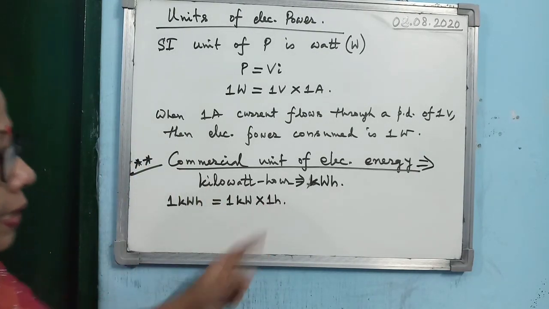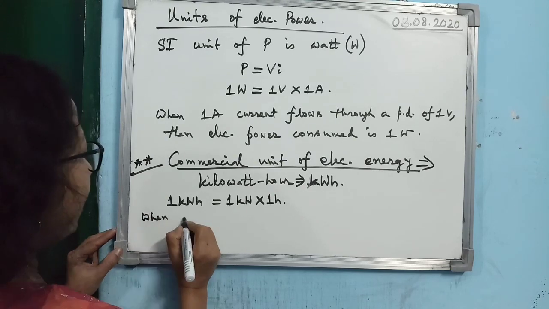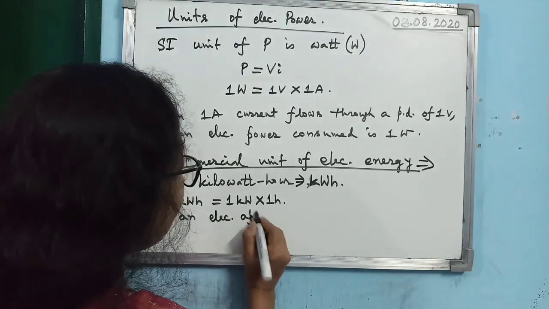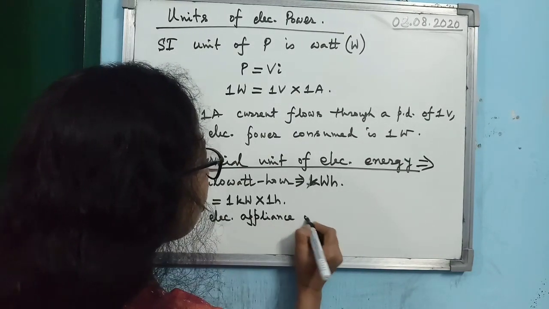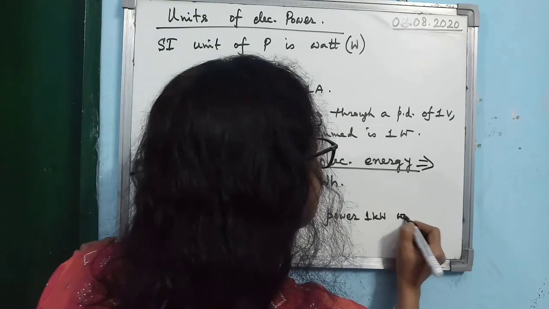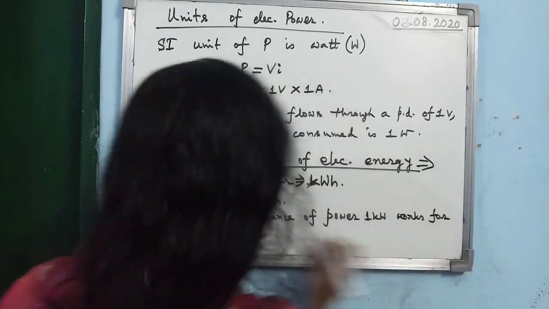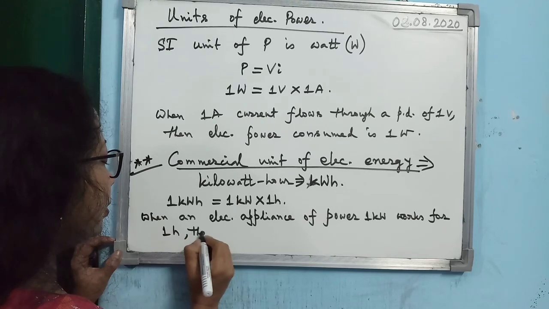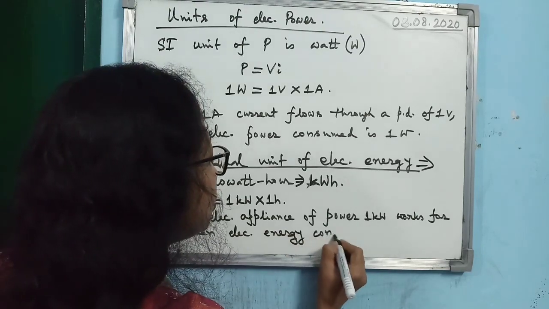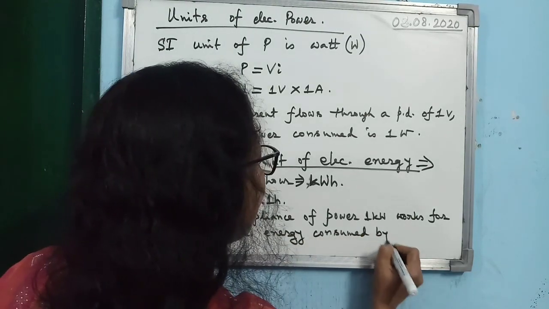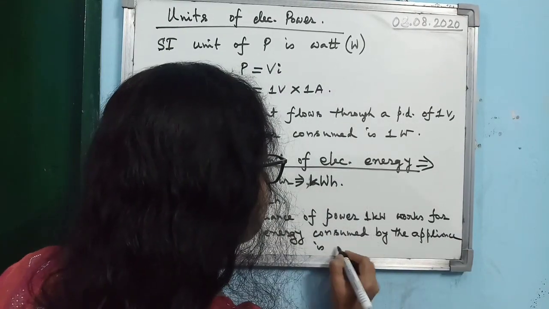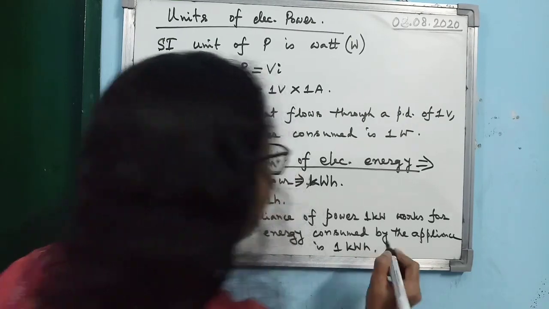So how can you write it in a sentence: when an electrical appliance of power 1 kilowatt works for 1 hour, then electrical energy consumed by the appliance is 1 kilowatt hour.